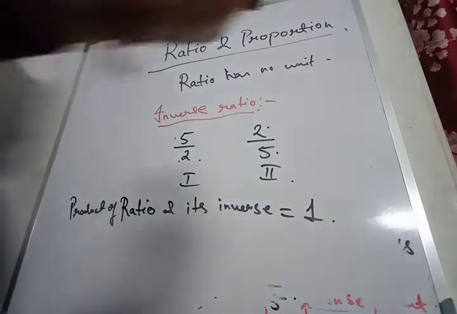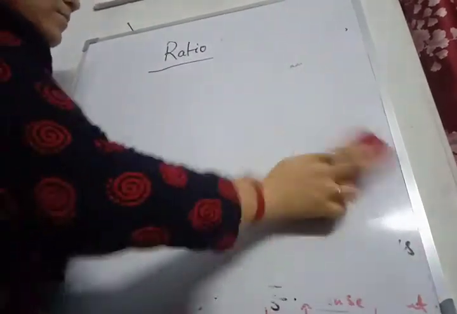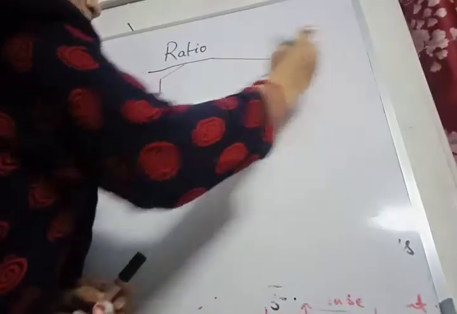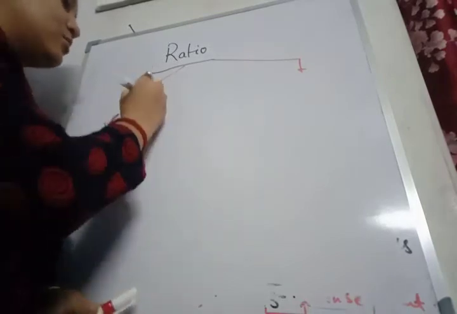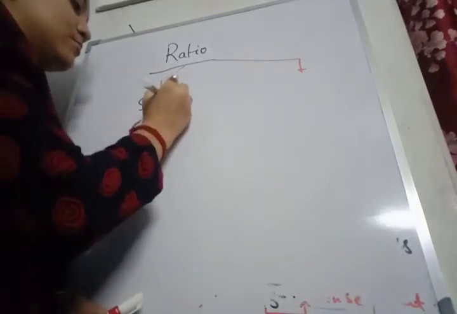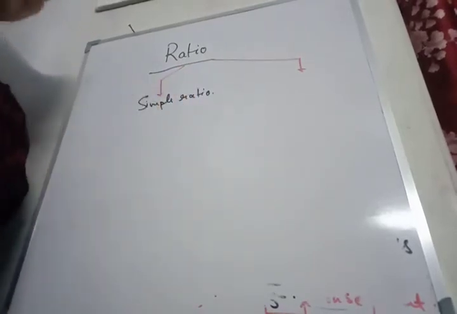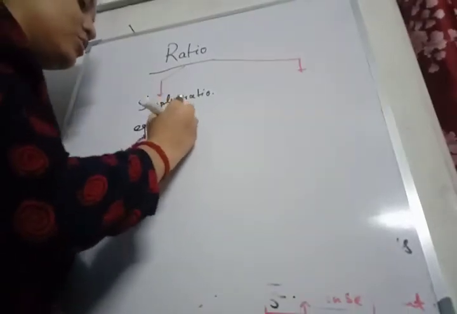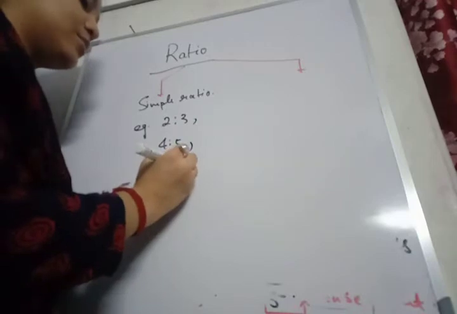Okay. Now we have two types of ratio, simple ratio and compound ratio. Simple ratio, what? It represents a ratio between two quantities of the same type. Simple form means, for example, 2:3, 4:5, 7:3.